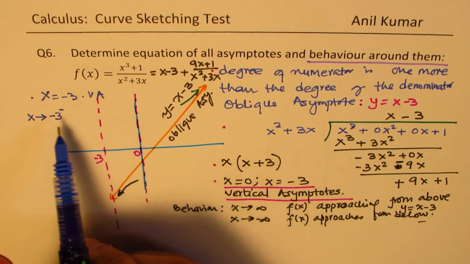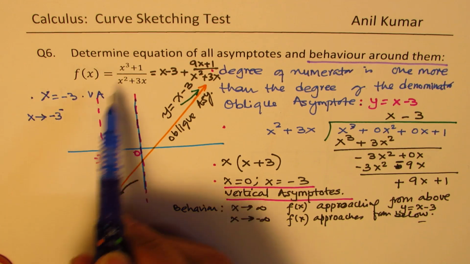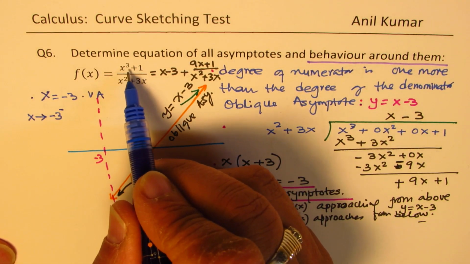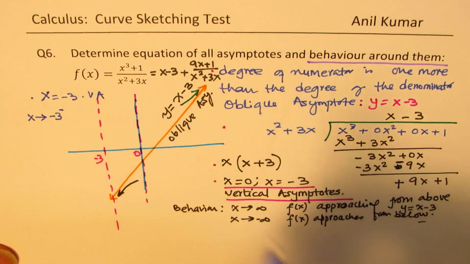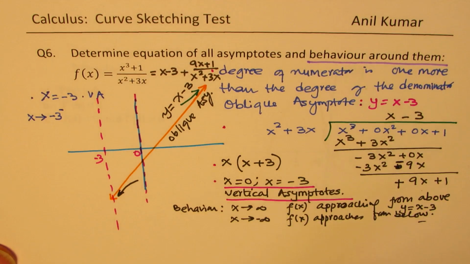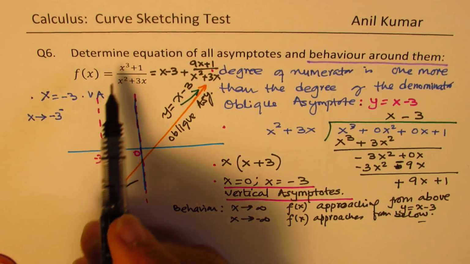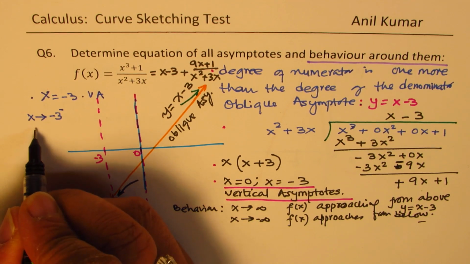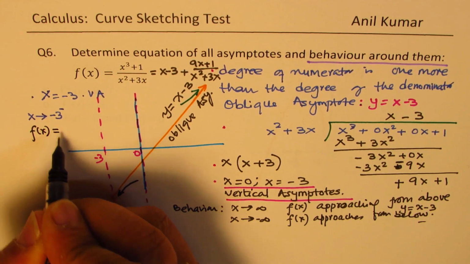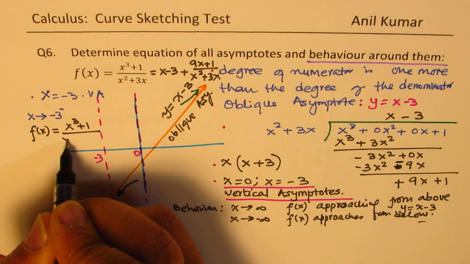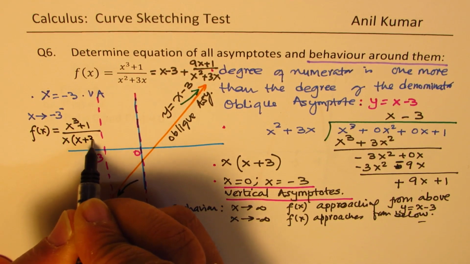In this function, when you make this negative, then the numerator, the cube, or you can use this factor. Let me use this factor, that is easier to work with. Let me write down the function separately in the factored form to understand the vertical asymptote. So we'll write f of x equals x cubed plus 1 over, factoring out, x times x plus 3. Is that clear to you?